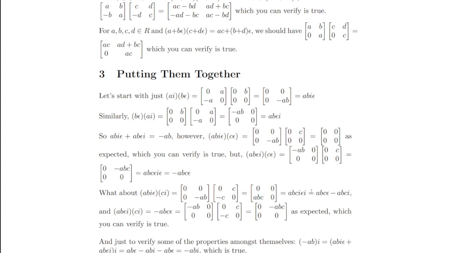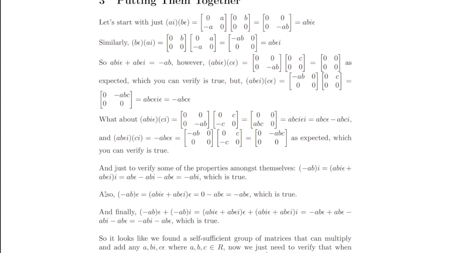So that does equal what we are hoping for. And ab epsilon i times ci equals negative abc epsilon. Again, that's what we should get because the i's would cancel to negative 1 for i squared, which is exactly what we do get.